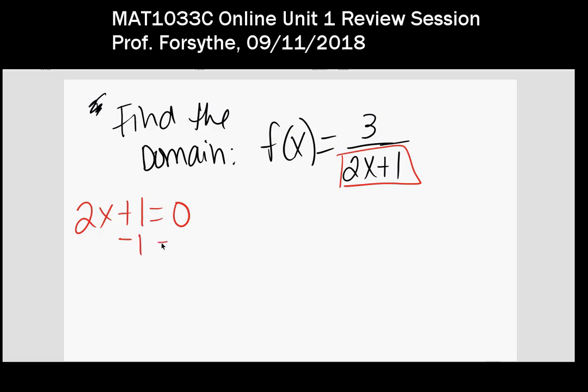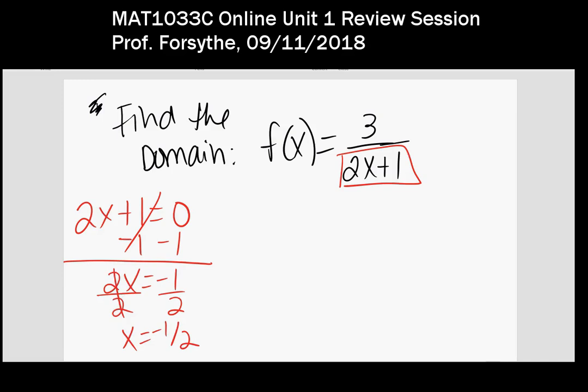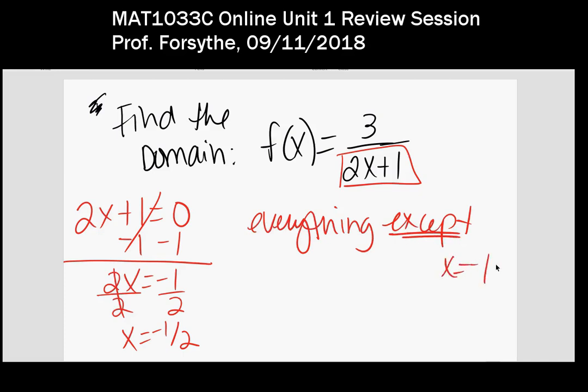So if I solve for x, 2x equals negative 1, divide by 2, x equals negative 1/2. So the domain is going to be everything except x equals negative 1/2.